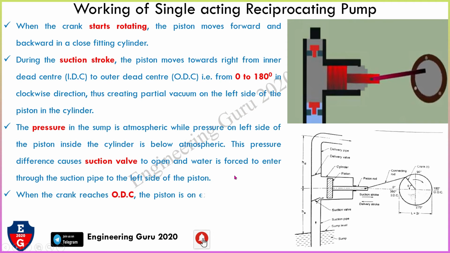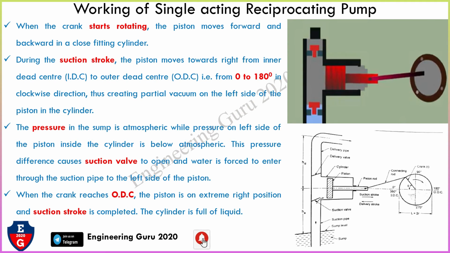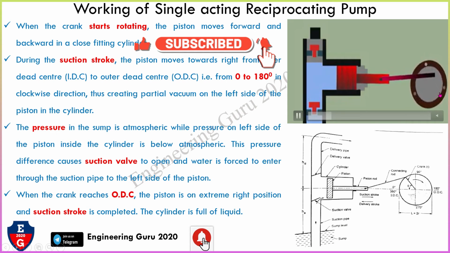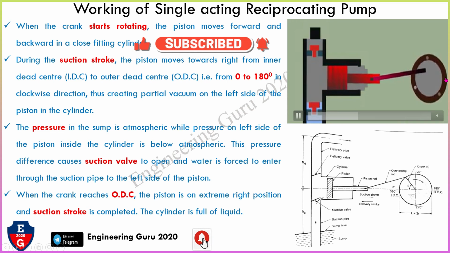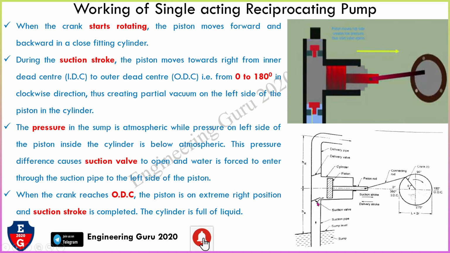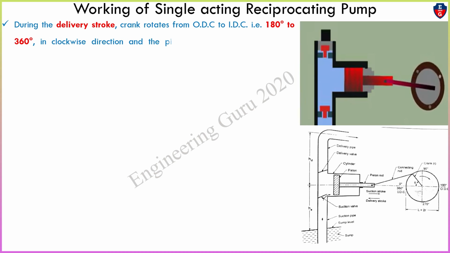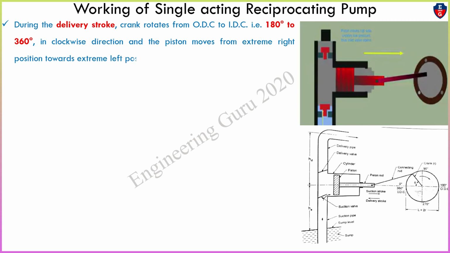So when the crank reaches IDC, the piston is at the extreme right position and the suction is completed. The cylinder is full of liquid. So whenever the crank reaches ODC, at this point at 180, this cylinder is full of liquid. During the delivery stroke, the crank rotates from ODC to IDC, that means 180 to 360 degrees in the clockwise direction.